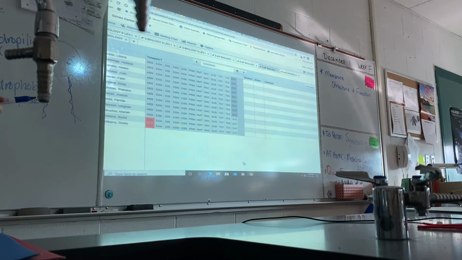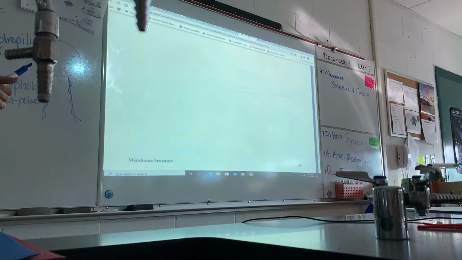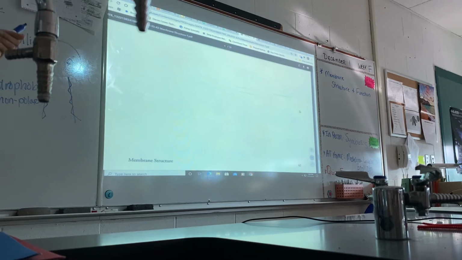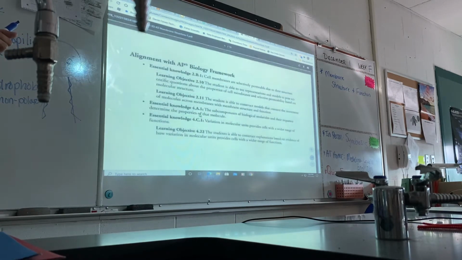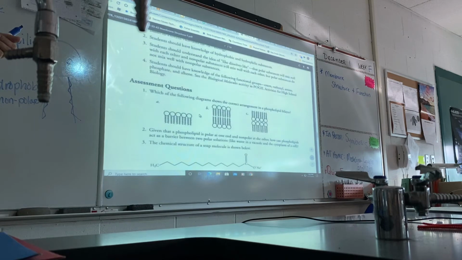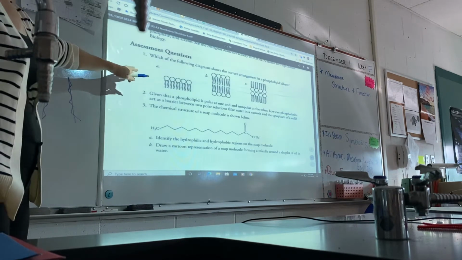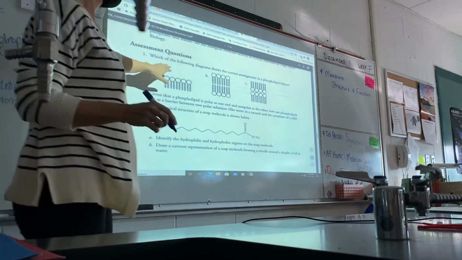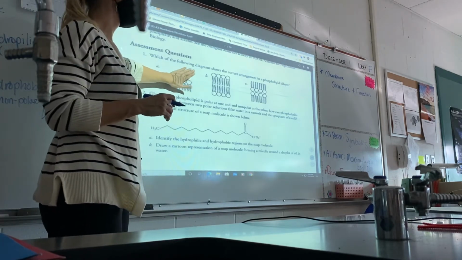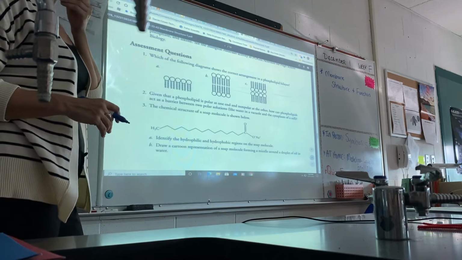Okay. So if I were to ask you this question, where did it go? There we go. If I were to ask you question number 1 on an assessment, which of the following diagrams shows the correct arrangement in a phospholipid bilayer?